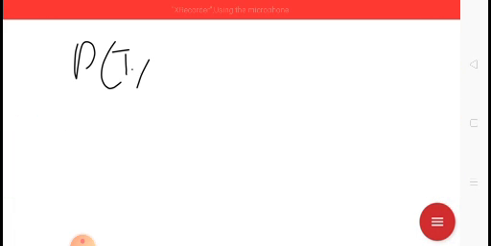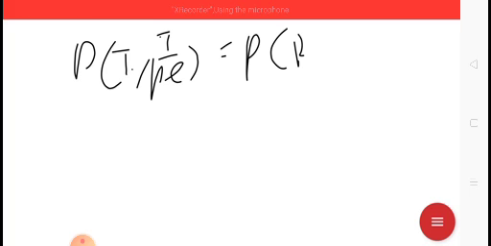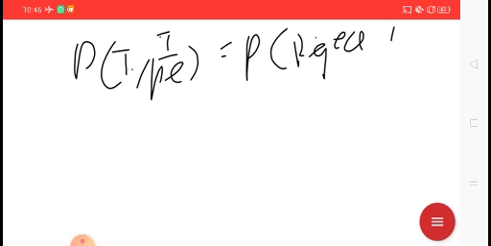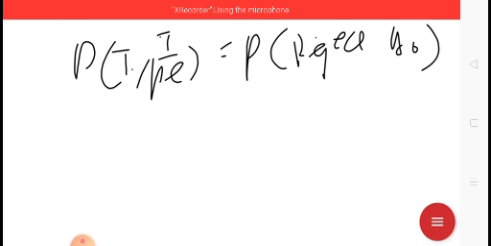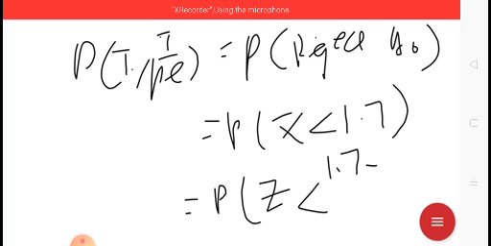Okay, so now you can try to calculate the probability of type 1 error. The probability of type 1 error is the probability that you reject the null hypothesis, so when x̄ is smaller than 1.7. Once you have this, you can start to calculate. Convert to Z, standardize.